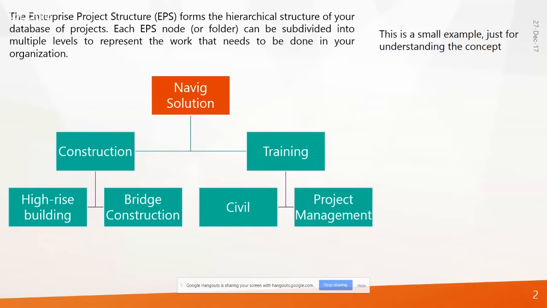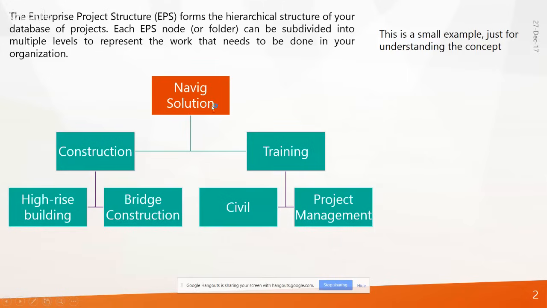Similarly, apart from construction, they do have power plant projects. Okay, under power plant projects, they do have several other businesses. So these particular businesses, if you put them into a hierarchical order, then you can call that an EPS.